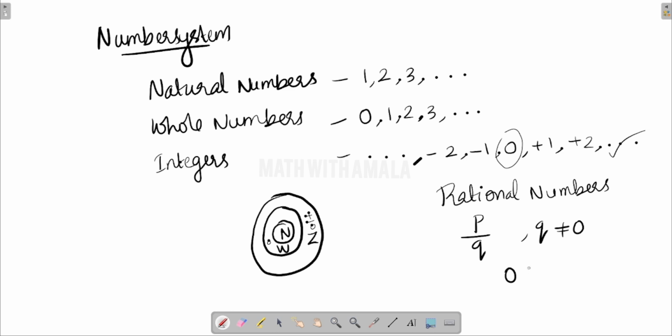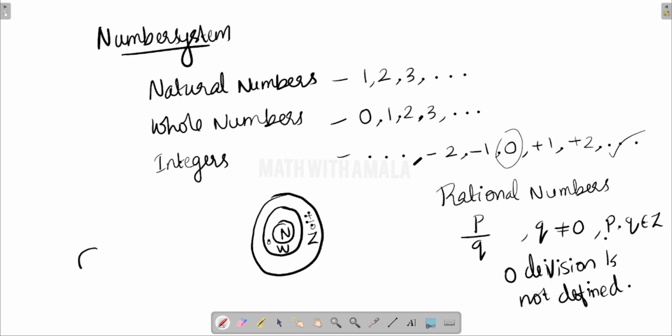Division by 0 is not defined. So you can say rational numbers are the numbers which are in the form p by q, where q is not equal to 0 and p, q belong to this Z. So what is the belongs to symbol?